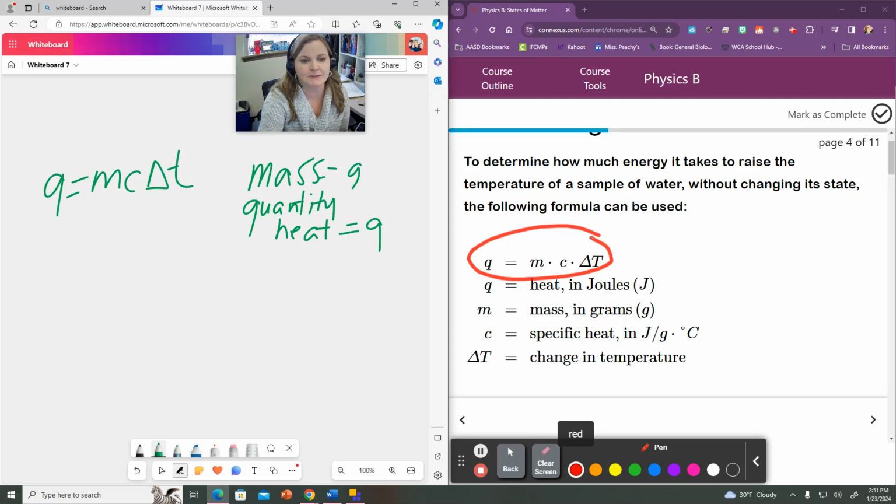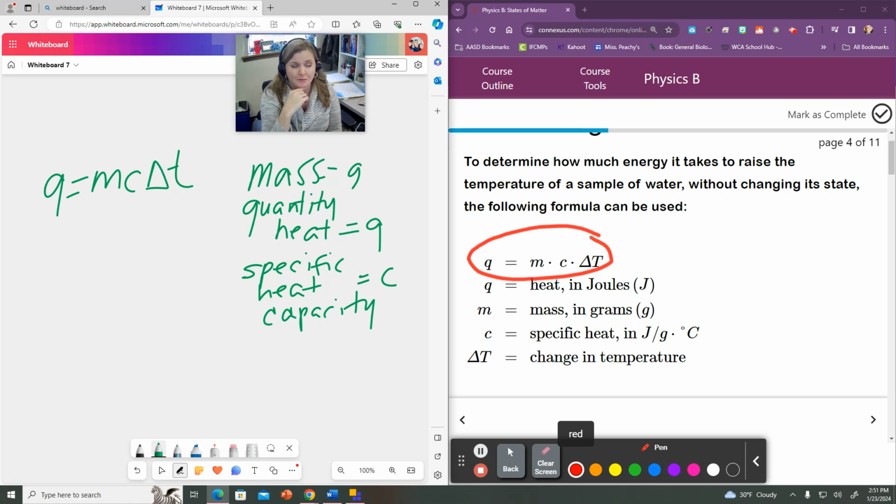C is something called specific heat. In fact, it's also known as specific heat capacity, which is where I think the C comes from. Now that's a weird one. That's one you're probably not familiar with, but specific heat capacity means the amount of heat that is required to change that particular substance, 1 gram of that substance by 1 degree Celsius, okay?